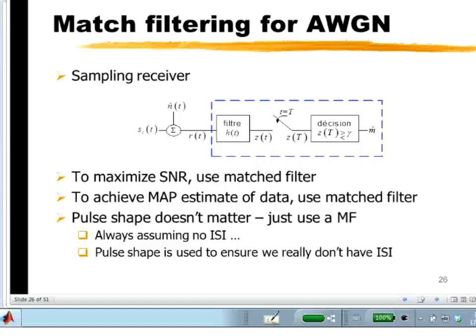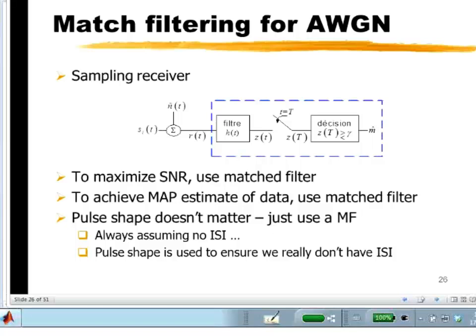Pulse shape, in fact, is used to ensure that we really don't have any ISI present, that's true. So when I developed equations for the bit error rate, I developed those equations based on an additive white Gaussian noise assumption, based on the sampling receiver. These estimates of the bit error rate are only accurate if there is no intersymbol interference present.